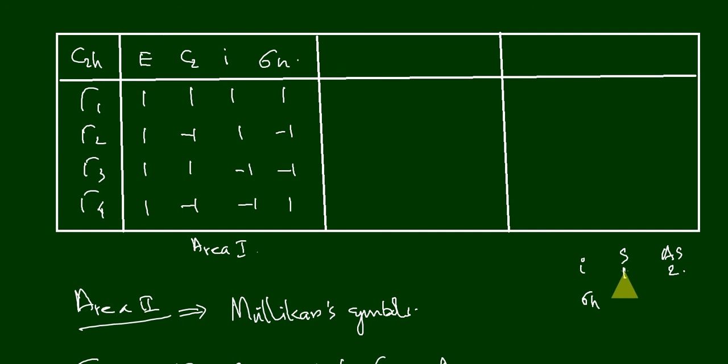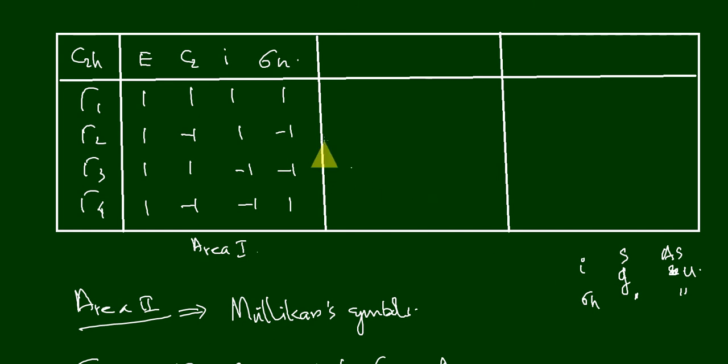So this is U, G, and there, here it is U. Okay. And if it is symmetric with respect to I, then it is G. If it is anti-symmetric with respect to I, then it is U. Okay. And at the same time, you have sigma h also. If it is symmetric with respect to sigma h, you will give a prime. If it is anti-symmetric with respect to sigma h, you will give a double prime.